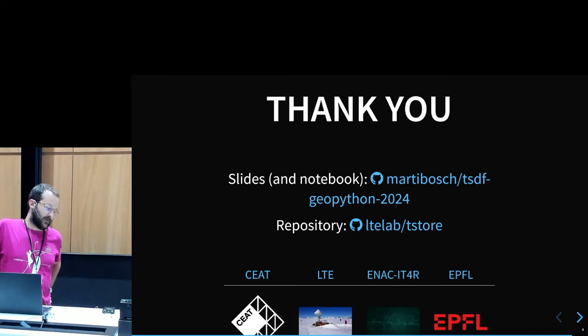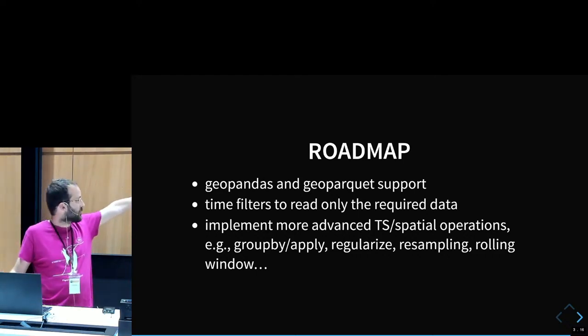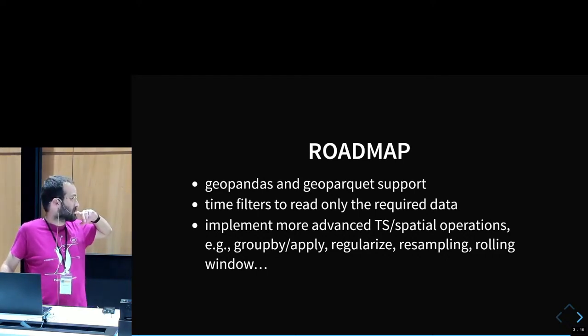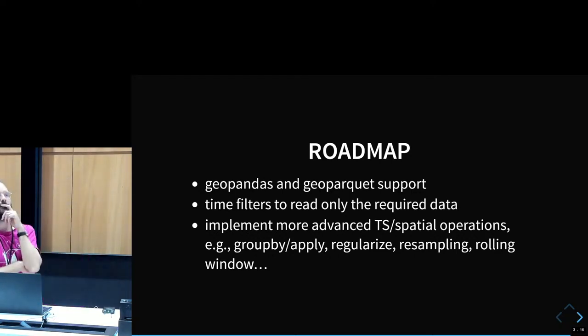So I think this is one of the things that we're going to have to implement in this second package, where we have the group by applies and regularize and resampling and rolling window operations. I think this should be more of a group by apply kind of operation, maybe wrapped into a nicer interface.